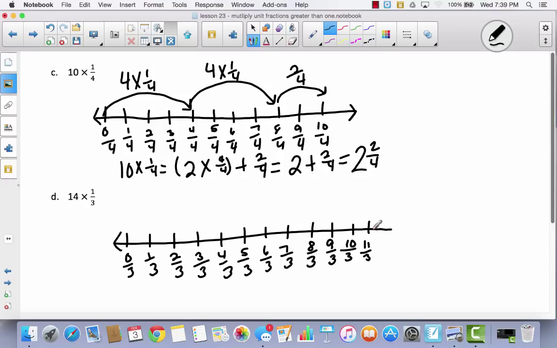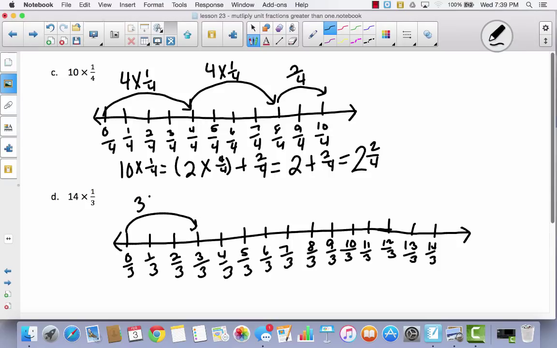Let's make it a little bit longer. So I've got 12 thirds, 13 thirds, and 14 thirds. So how many thirds does it take to make a whole? It takes 3 thirds. So I'm going to group these in groups of 3.